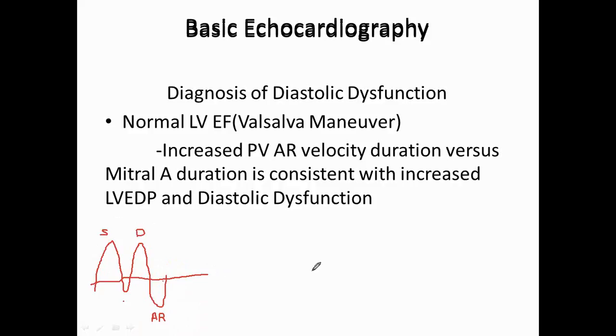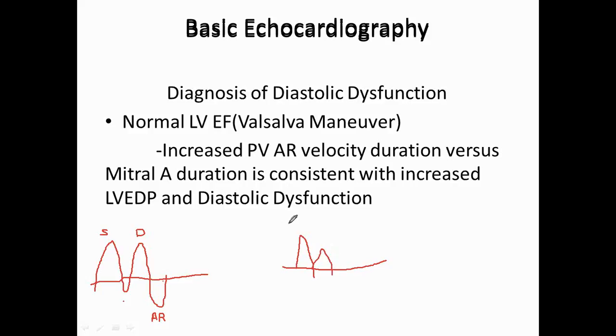And when you look at your mitral inflow, again, you have your E velocity. It doesn't go below the baseline, sorry. And then you have your A velocity. It doesn't go below that.